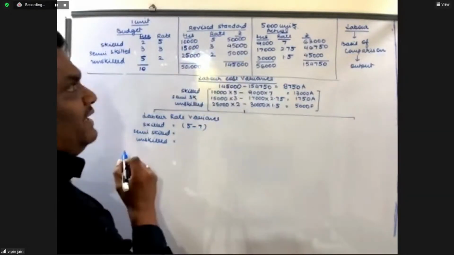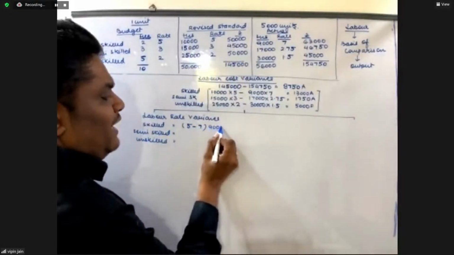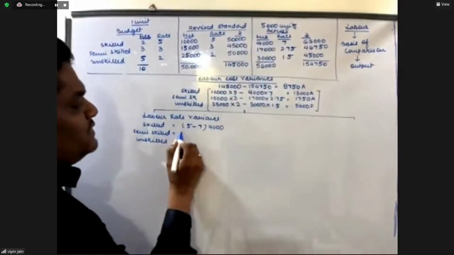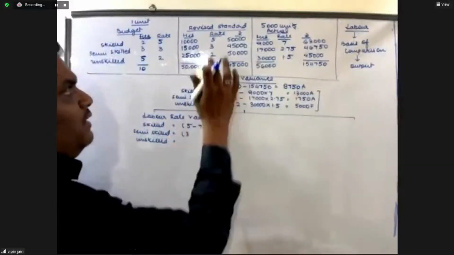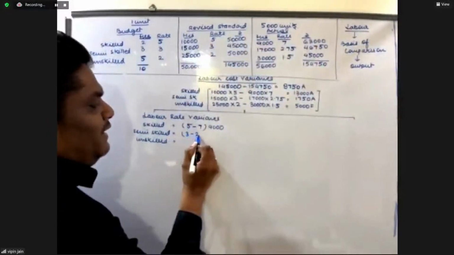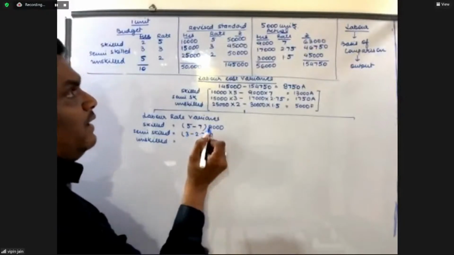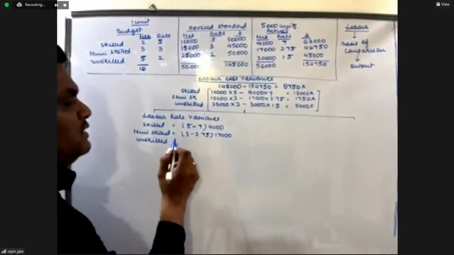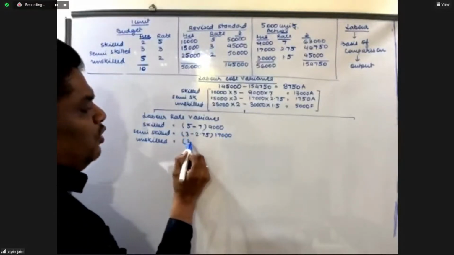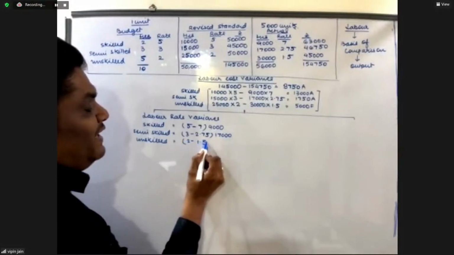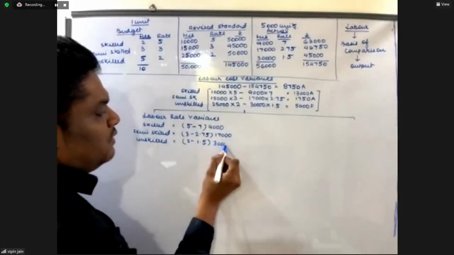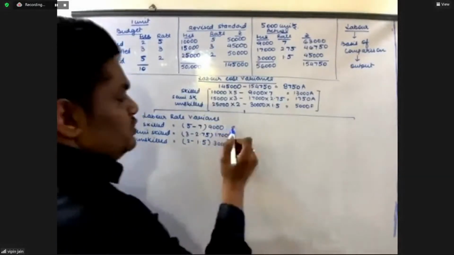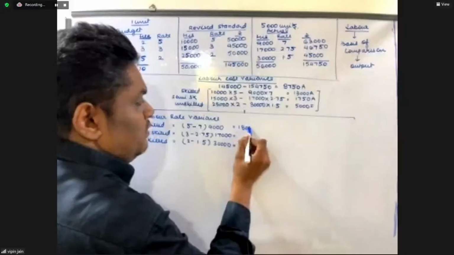We actually paid at the rate 7 into the total actual hours worked were 9,000. Again, in second case, we were supposed to pay the wages at the rate 3, but we actually paid wages at the rate 2.75 into the total actual hours paid were 17,000. Similarly, again, in the third case, 2 minus 1.5 into 30,000. So this will be 18,000 adverse.